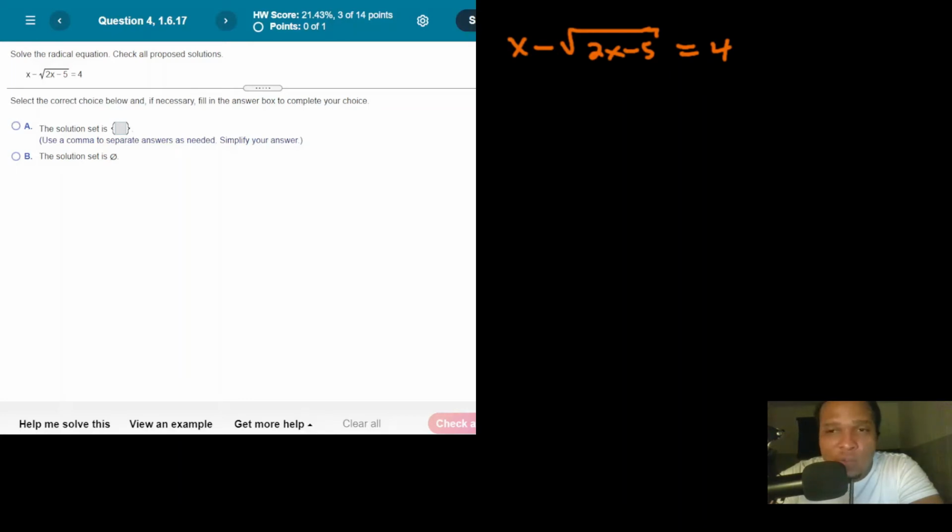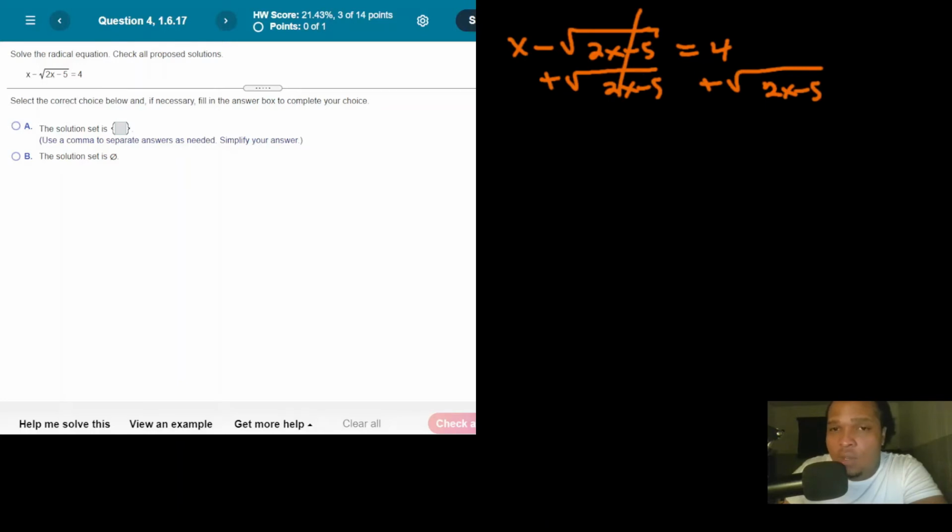There's a couple of ways we can go about this. We can move the x over and then divide by negative 1, or we can move the square root of 2x minus 5 over, which is still underneath the radical, and move the 4 over. Let's do that. So check me out. I'm going to add this square root of 2x minus 5 to both sides.